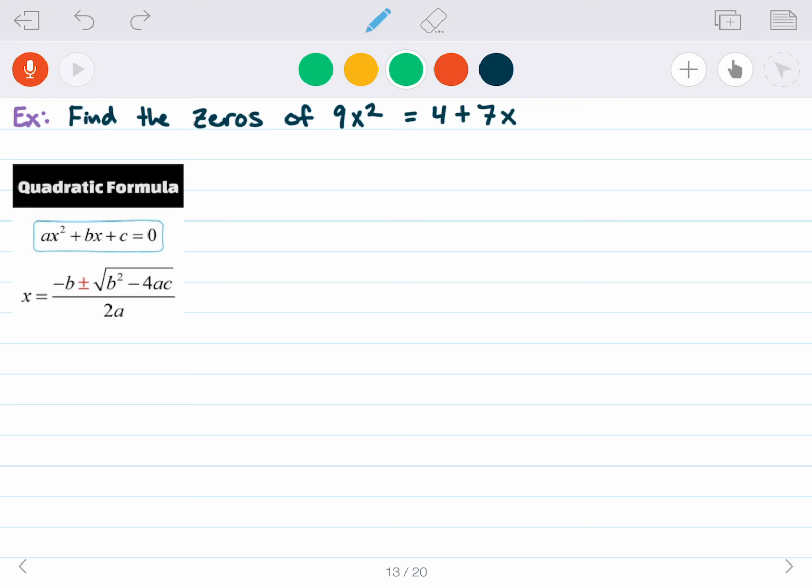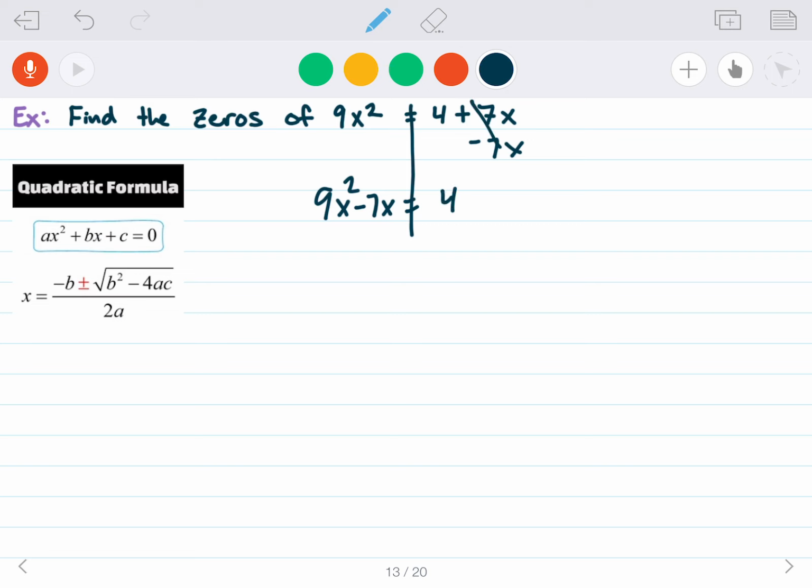So we want to make sure that we have 0 on one side by itself. So what I'm going to do is move everything over to the left side simply by subtracting, using the laws of algebra to keep this equation balanced. So I'm going to subtract over the 7x, and I'm going to do this step by step just to make sure everyone's following.